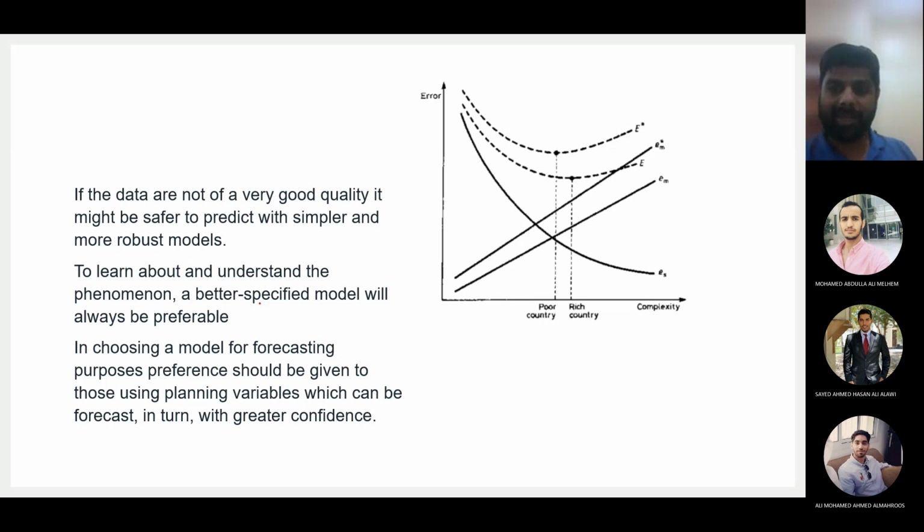So to decrease the error, in some cases with high measurement errors, if you cannot invest more in measurement, then it is more recommended to have a simpler model. But if you want to see why I'm getting these results, what is the effect of this variable on the output, then you should go for a more complicated model.